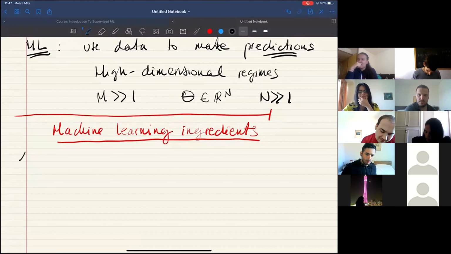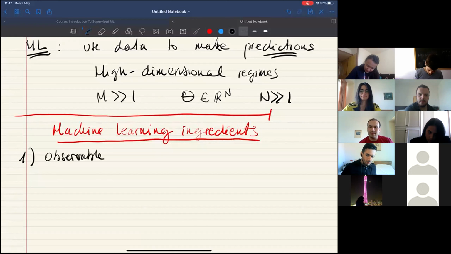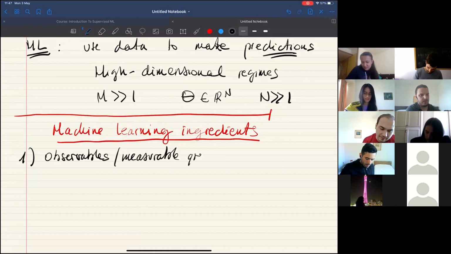So the first main ingredient of a machine learning setup are what I call the observables, or the measurable quantities, or simply the data.